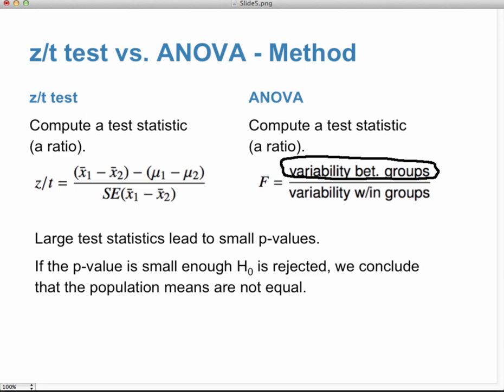Then the denominator is a second number, and that is a pooled number: the pooled variance within all the groups. In other words, each group contributes its variance to your F statistic, and it basically averages those variances to come up with a single number for the denominator. The calculation details for the F statistic are relatively cumbersome, and we're not going to get into those in this class.